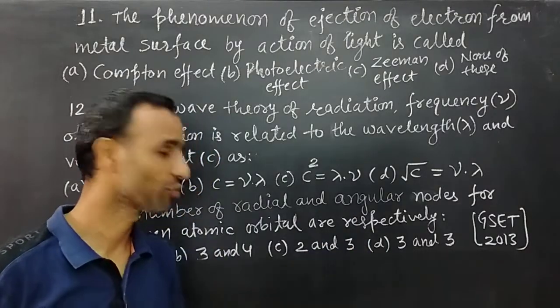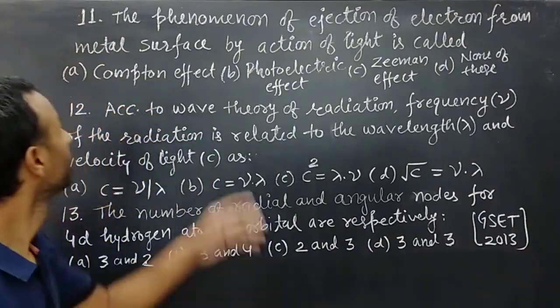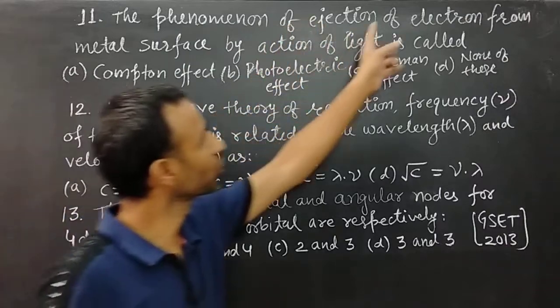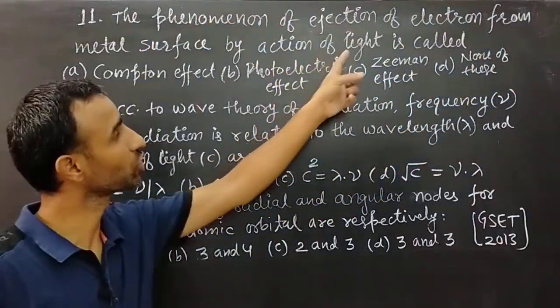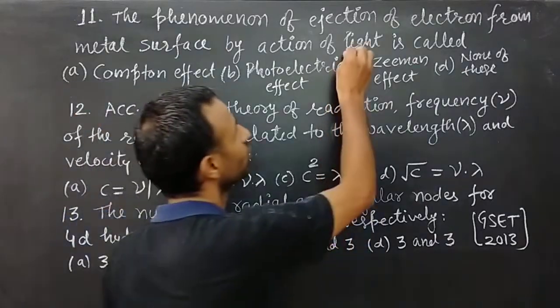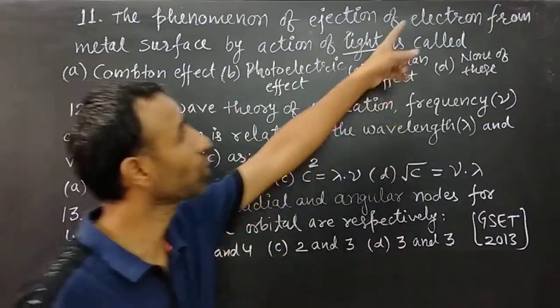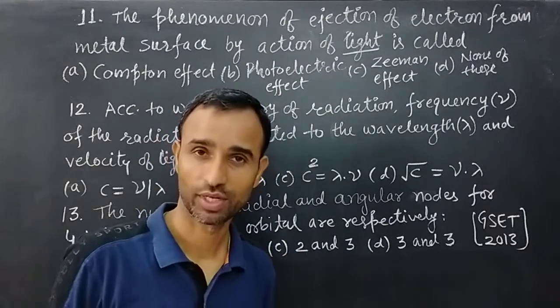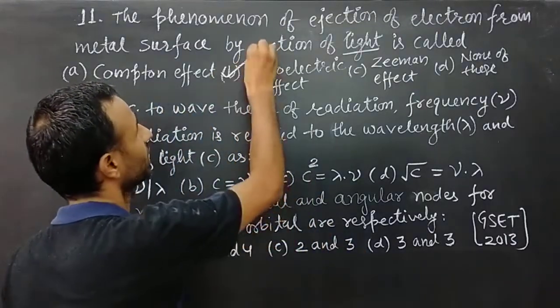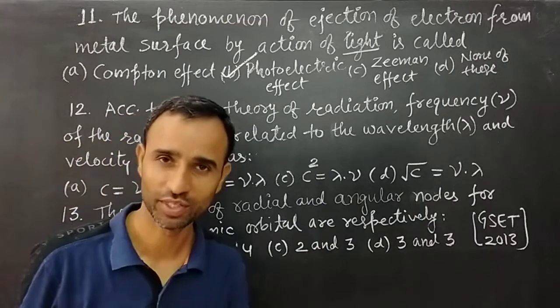Next, these are the questions from GSET 2013. The phenomenon of ejection of electron from the metal surface by action of light. Light means photon, and ejection of electron means photoelectron, and that is called photoelectric effect, that you all know.